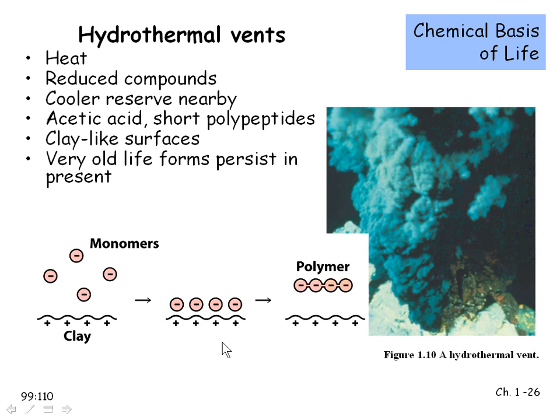One proposal is that clays, which have an array of positive charges from their chemistry, spontaneously formed geology-type stuff that could provide a location at which negatively charged monomers could sit down close to each other, and because they're close, be more likely to become a polymer that then can leave the clay and go off and try and do something.